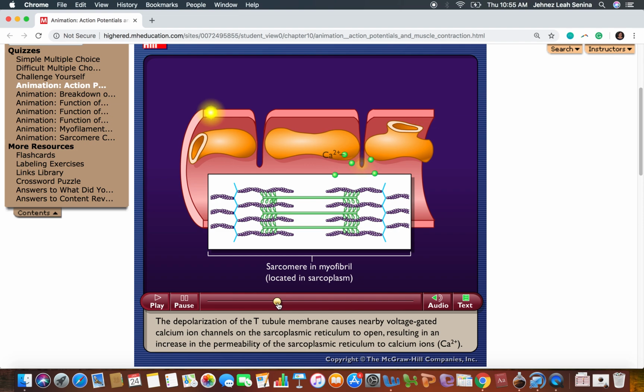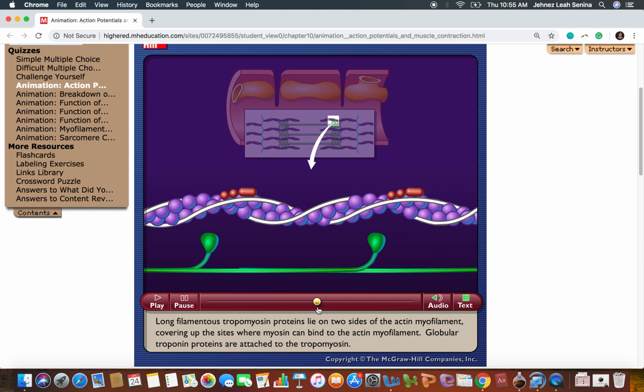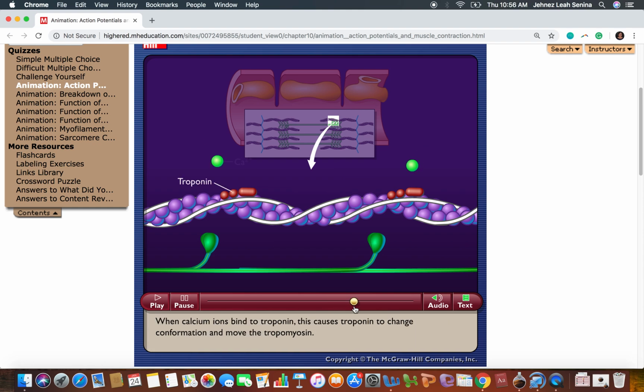The calcium will go to your actin filament and, please wait, zooming in, what happens is your calcium binds to your, where's my calcium? Troponin. You remember last time I told you the actin is made up of 3 protein molecules: troponin, tropomyosin, and F-actin or actin.